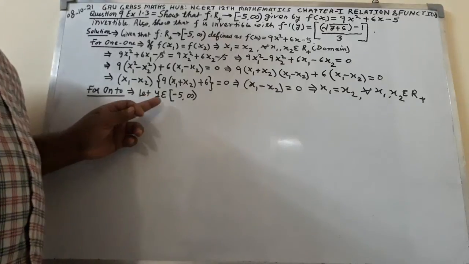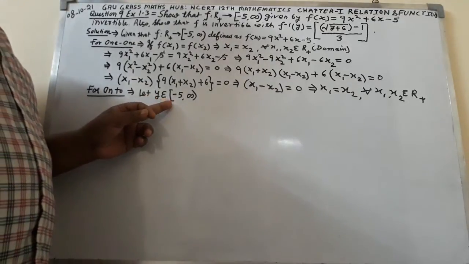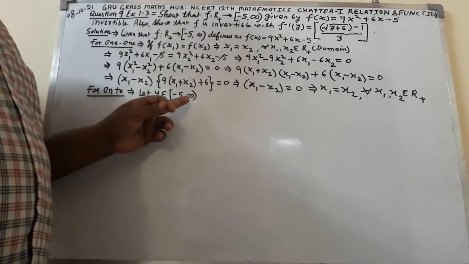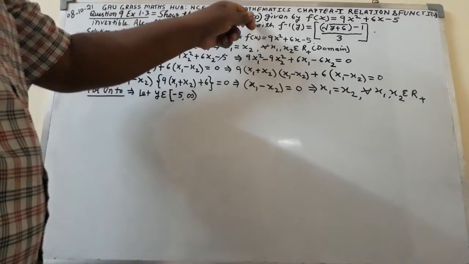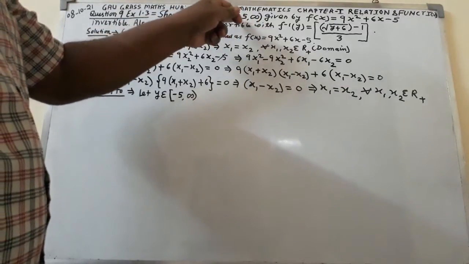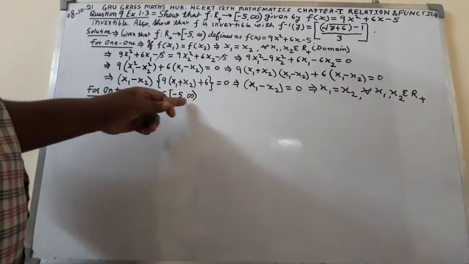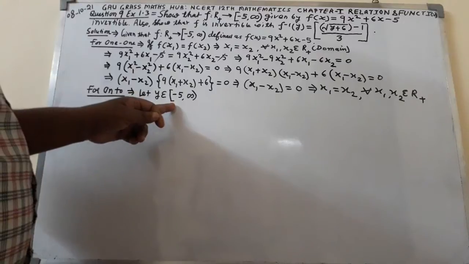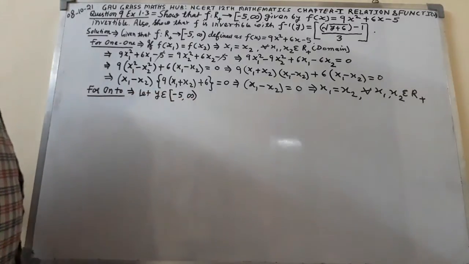Let y belong to the codomain, that is the closed interval minus 5 comma infinity, open interval. This one is the codomain.